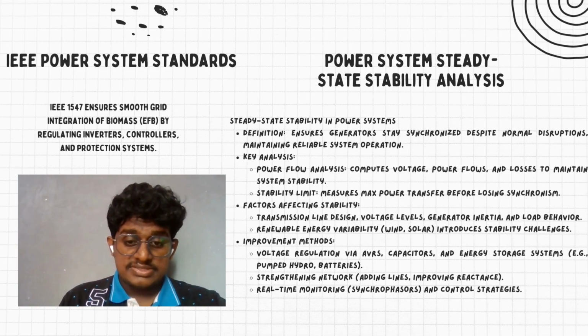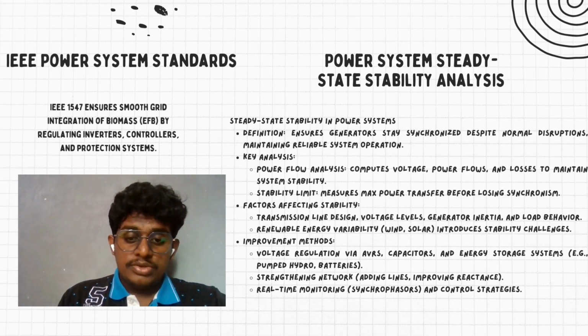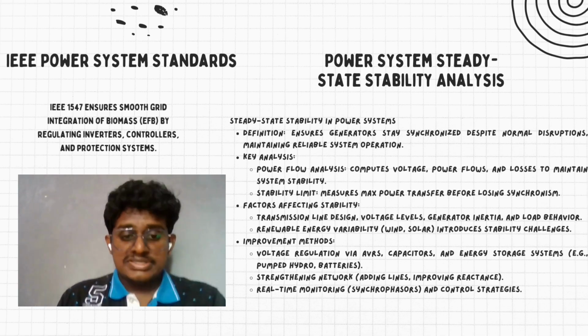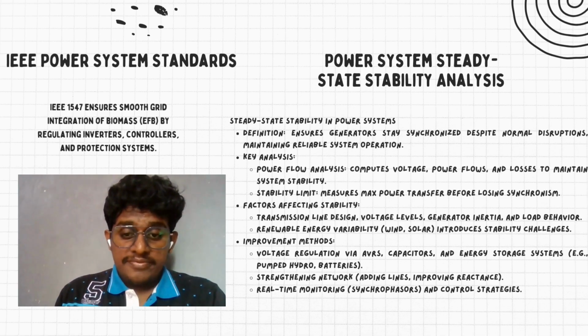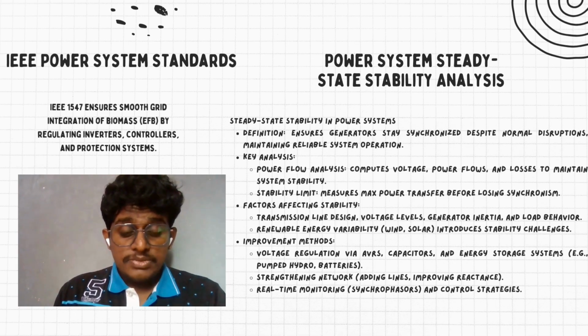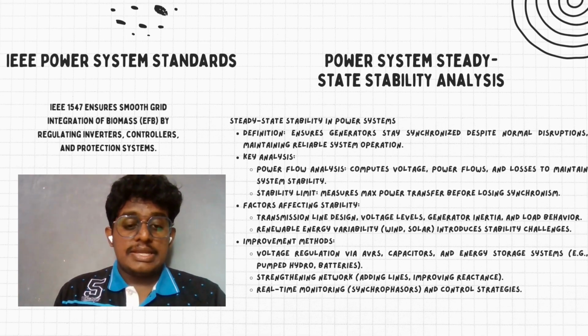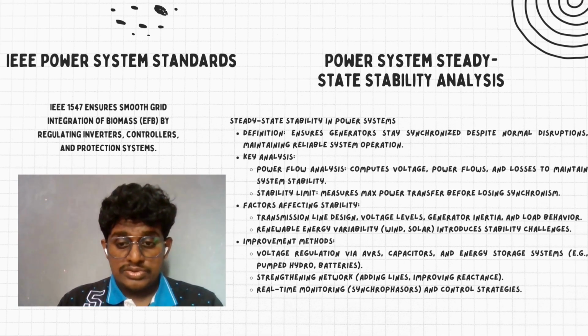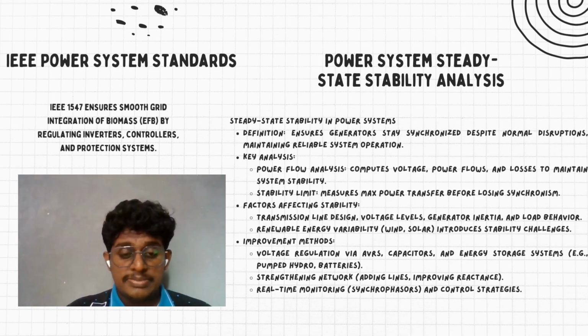To improve the system, we can add AVR to regulate the system, and we can add energy storage systems such as pumped hydro and batteries. We can also strengthen the network, add real-time monitoring, and add control strategies to maintain the stability of the system.